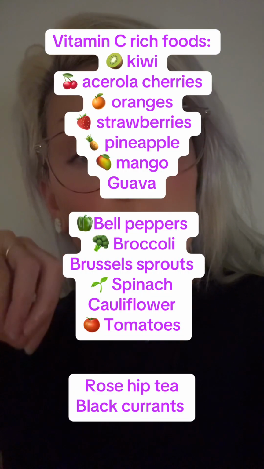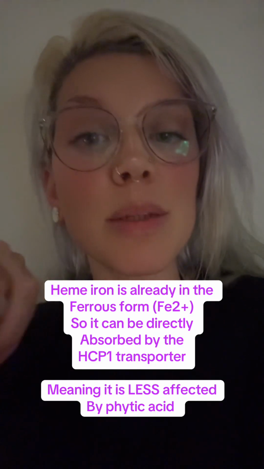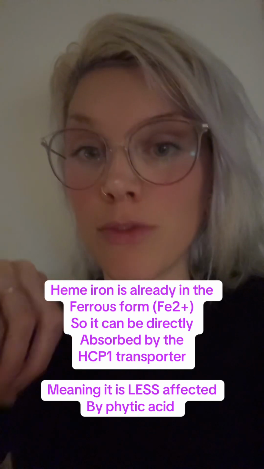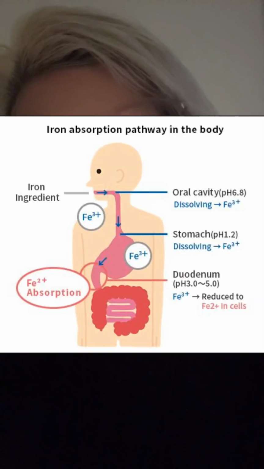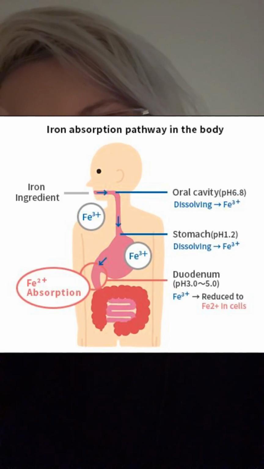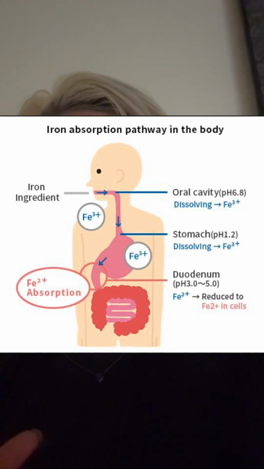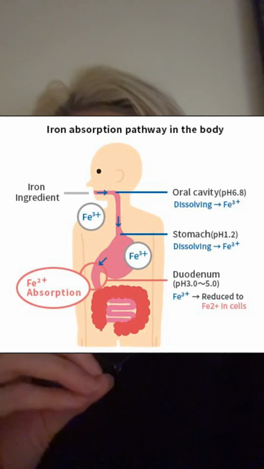Ferrous iron is the form of heme iron, which is the animal-based iron, so it's already in the more absorbable form and doesn't have to be broken down. That is going to be absorbed in the duodenum, which is the first part of the small intestine.